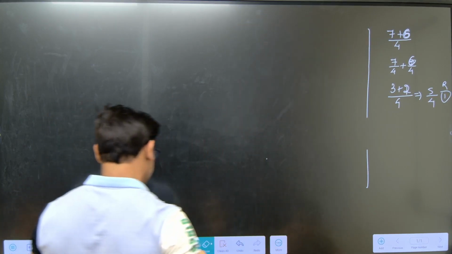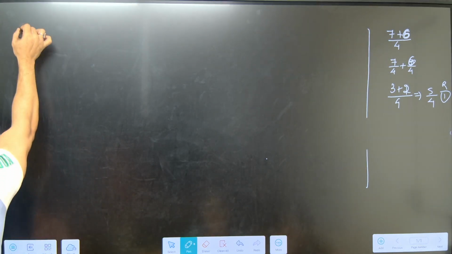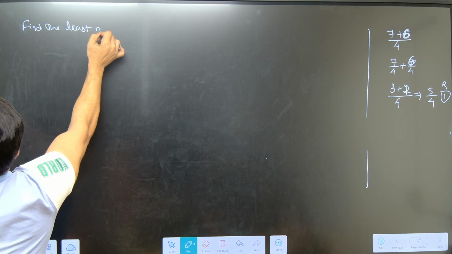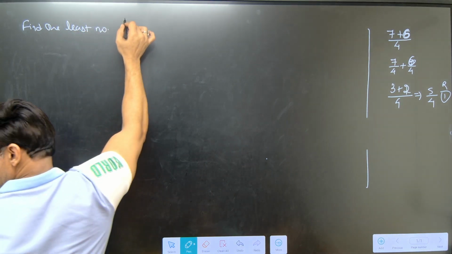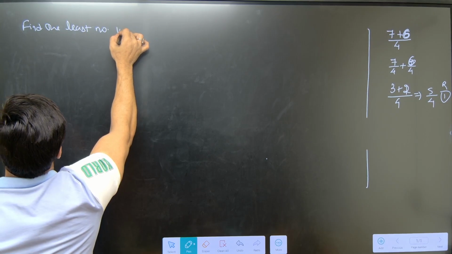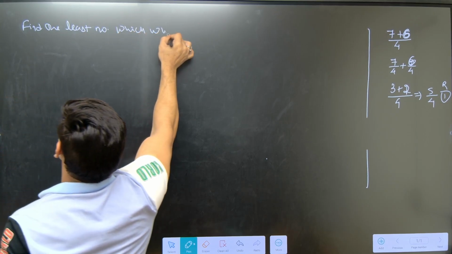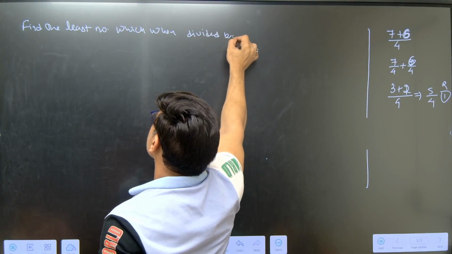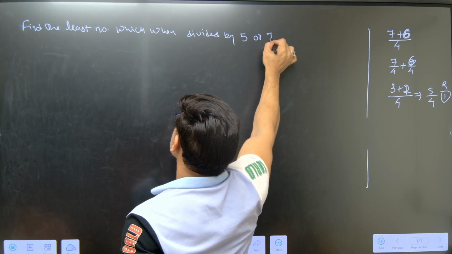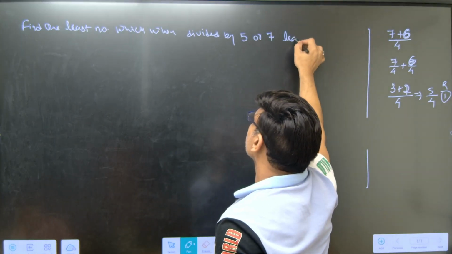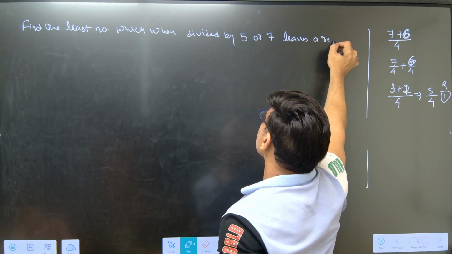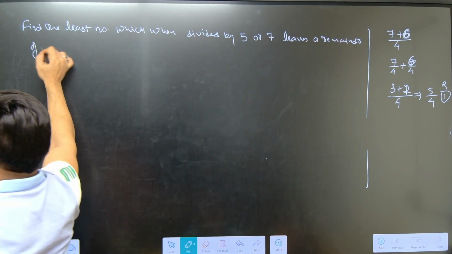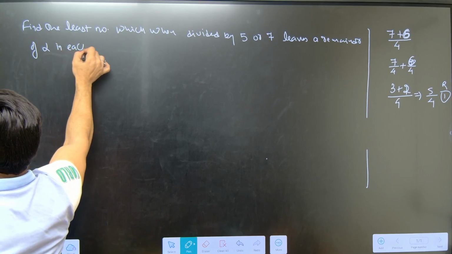Next is: find the least number which, when divided by 5 or 7, leaves a remainder of 2 in each case.